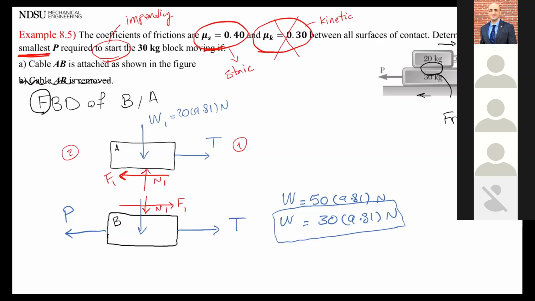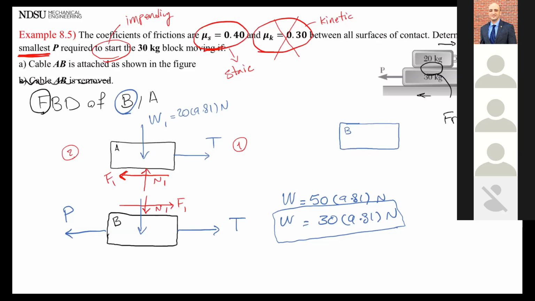One of the reasons is what Merrick said, that the weight of that 20 is already included, we are seeing the effect of it on N1. But also the other reason is, and that's why I say it's super important to figure out what you are drawing the free body diagram of. I'm drawing the free body diagram of block B. And I told you, it's tunnel vision.